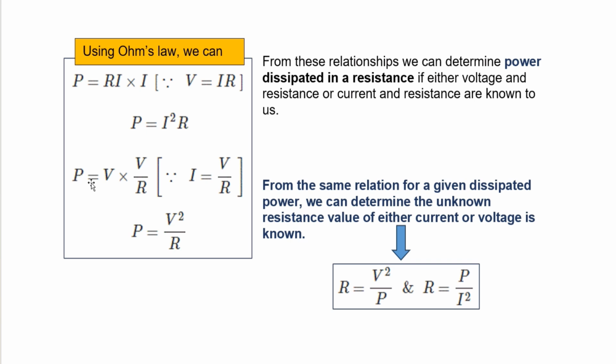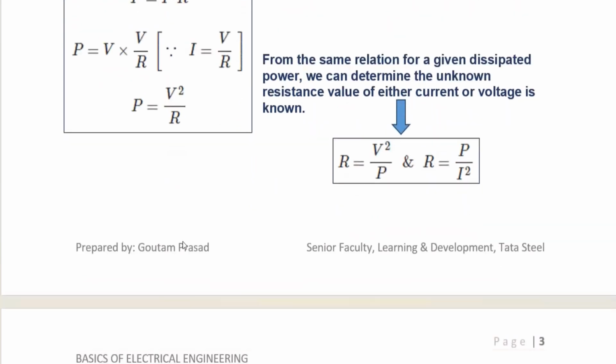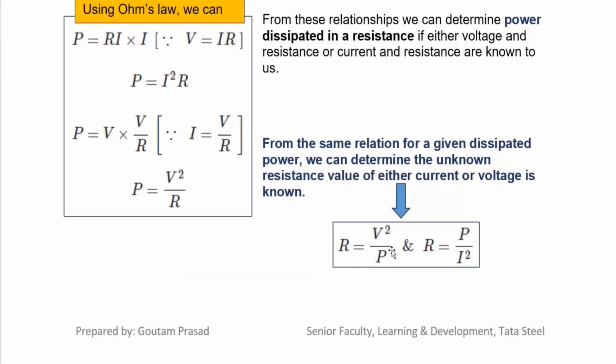If you want to express it in terms of voltage, substitute I equals V upon R here. So P becomes V into V upon R, that means V square by R. So in all these three forms, P equals V into I, P equals I square R, and P equals V square upon R. Using these formulas, you can calculate the value of the resistance given the voltage and the power dissipated in it.